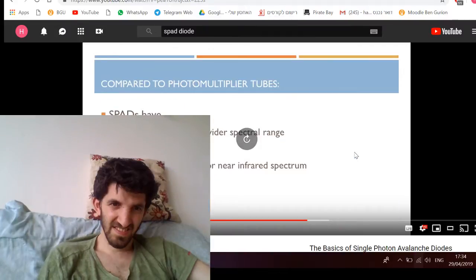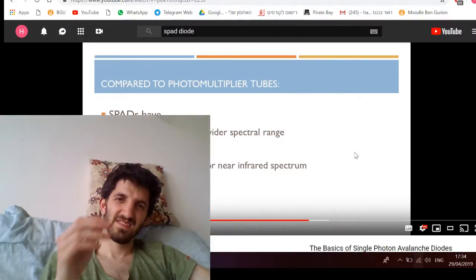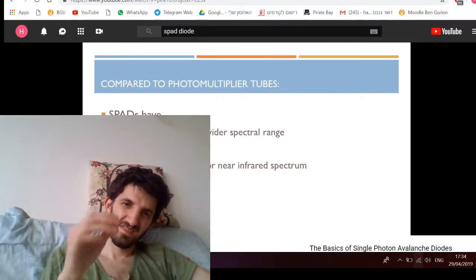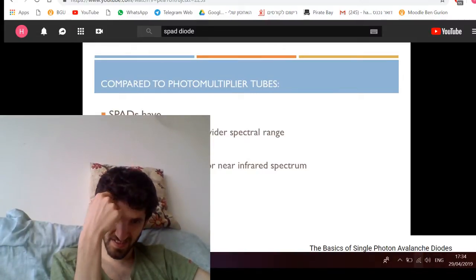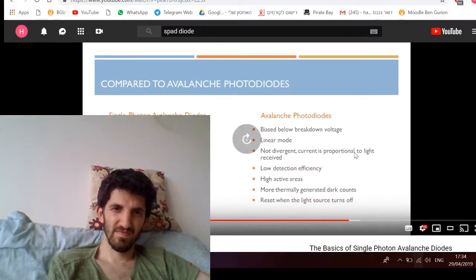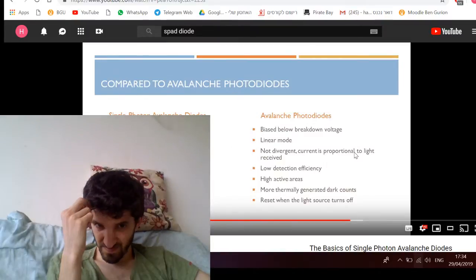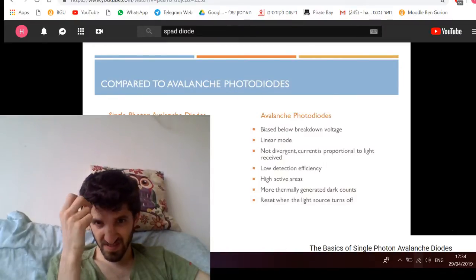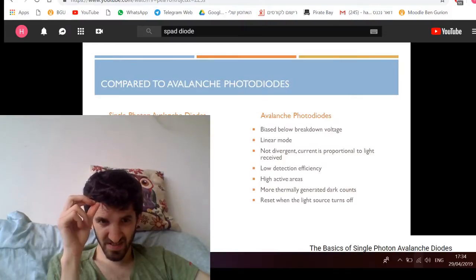Diodes are operated in high vacuum tubes with high voltages between their anodes and photocathodes, and an electron is produced from the photocathode. The single photon avalanche diode operates above the breakdown voltage in Geiger mode rather than below in the linear mode.